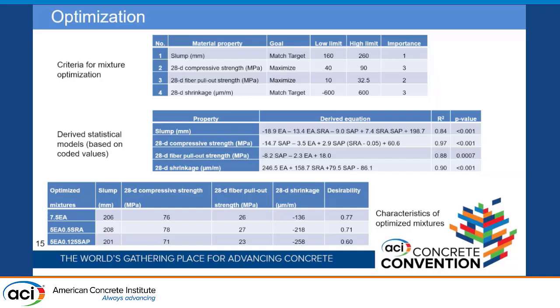The derived models are shown in the middle with pretty good R squares, and the optimized three mixtures were individual use of expansive agent, not at the highest level, and a medium level of expansive agent combined with either low content of SRA or low content of SAP. The properties were also predicted for the optimized mixtures, as you see on the slide.